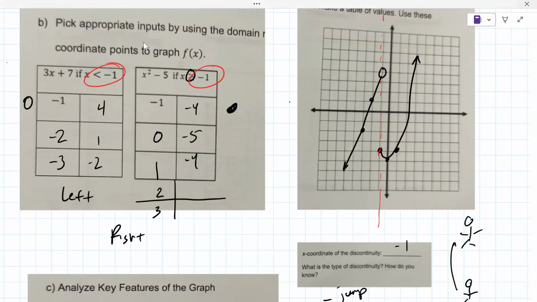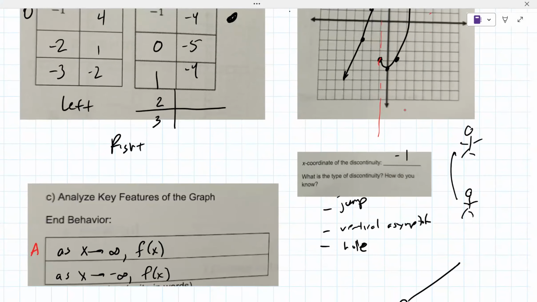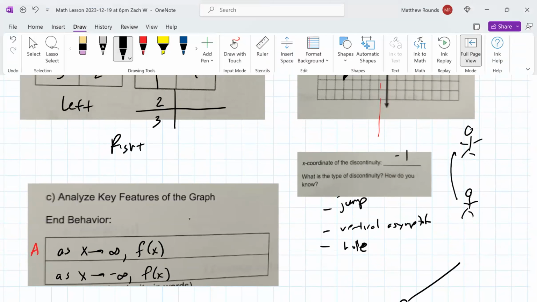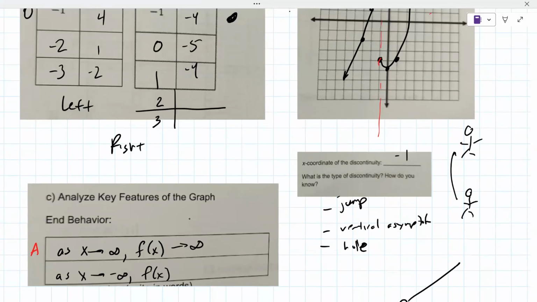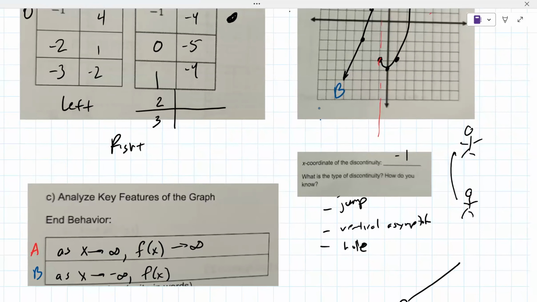That's over here on the right at A. How far up is that going? Forever. So what do we call that? Positive infinity. And then the one below is negative infinity for both.